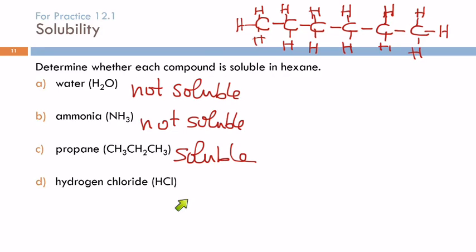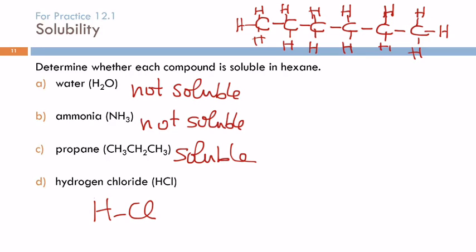How about hydrogen chloride with hexane? That's polar. So how do you tell if it's polar? This is a diatomic molecule. 2 atoms. If the bond is polar, the molecule's polar. Well, do hydrogen and chlorine have the same electronegativity?